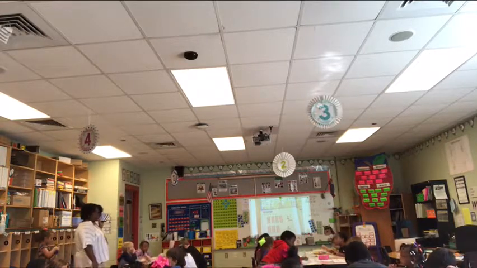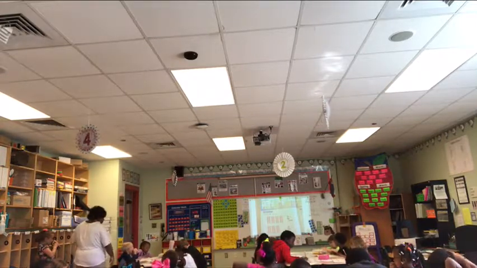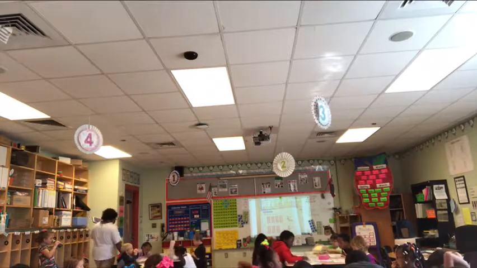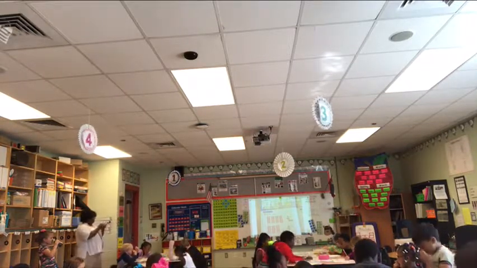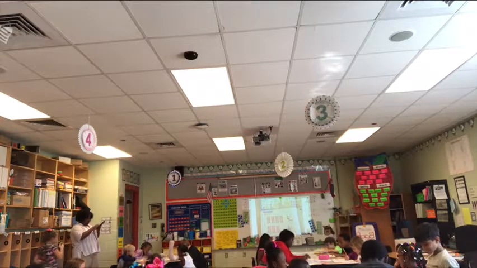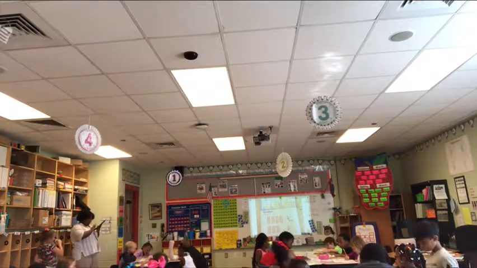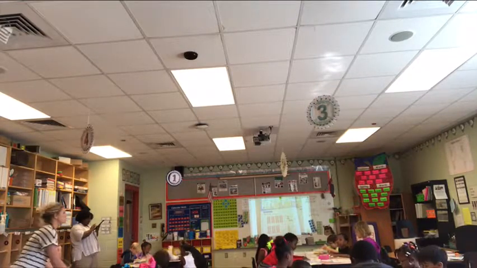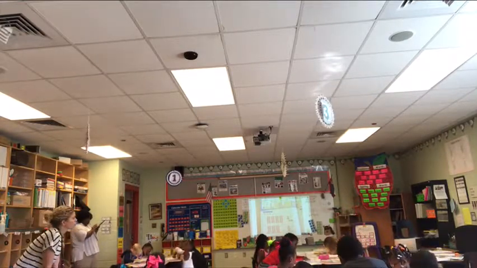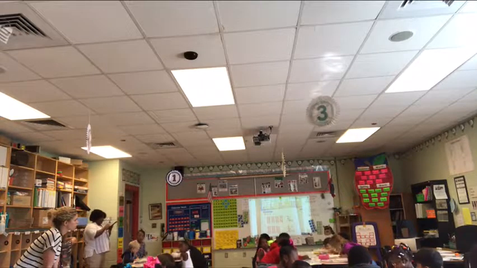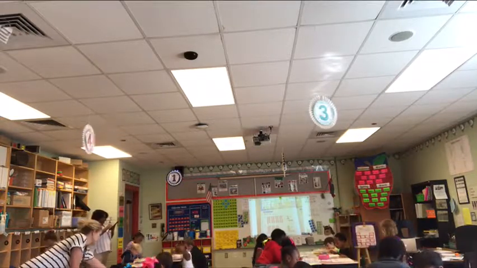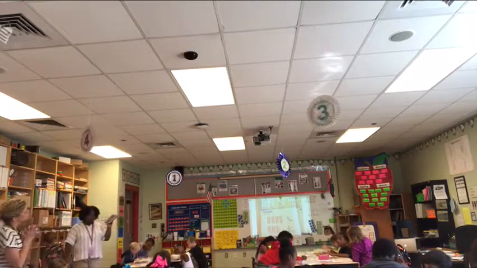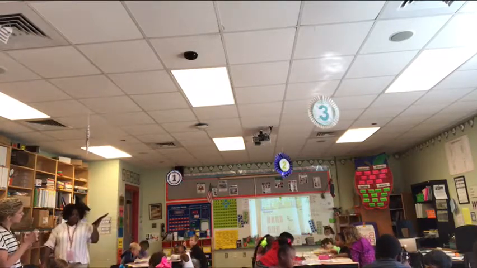Hey guys, look at the top of your page. Every single number word is at the top of your page, so there is no reason it should be misspelled. Find where it says 30, Terrence. Terrence, we don't want you to yell it out loud. Just write it down.